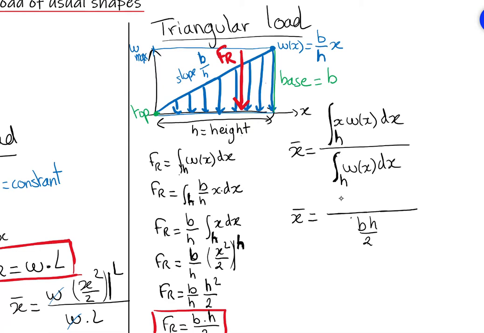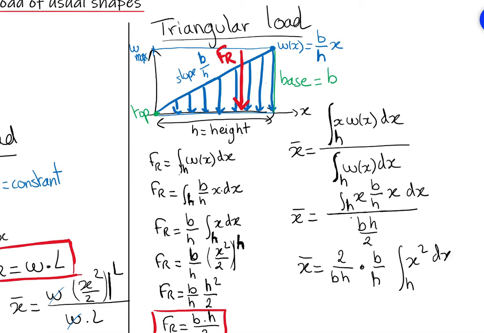And the integral of x times w of x is B divided by H times x dx. Let's clean that a little bit. So x bar is equal to BH divided by 2. We can write it as 2 over BH in front, times B divided by H, we can take it outside because it's a constant. And we have the integral on H of x times x, which is x squared dx.